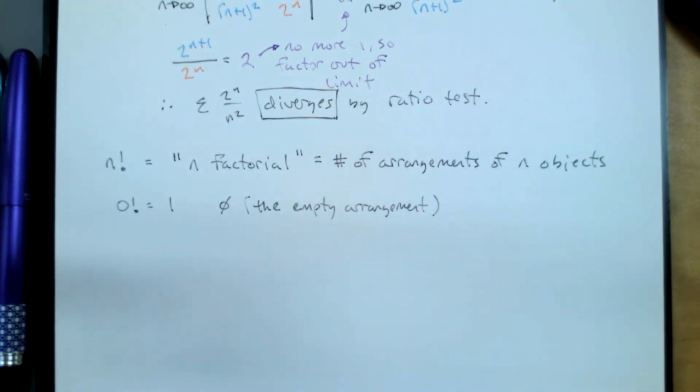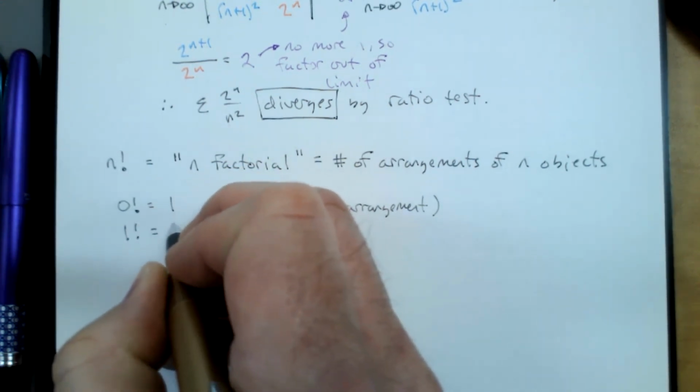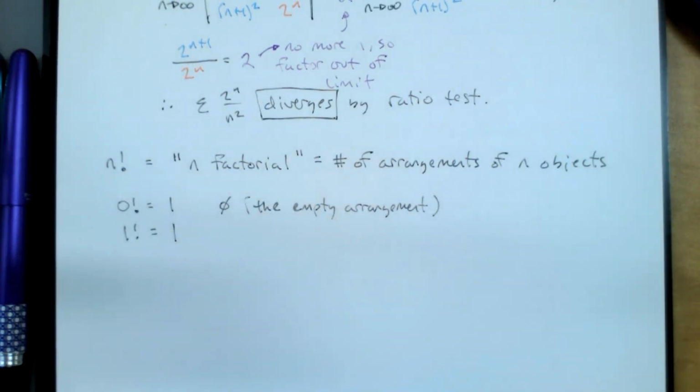One factorial is 1. There's only one way to put one object. If you are the only person in the race, there is one outcome to that race: you win. 2 factorial.